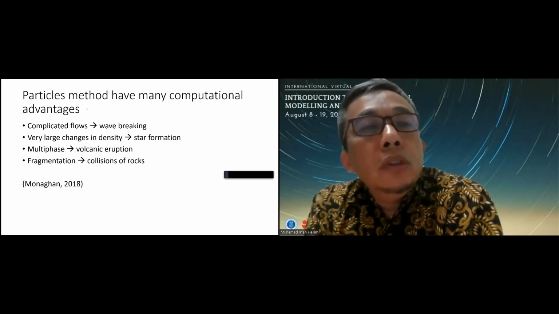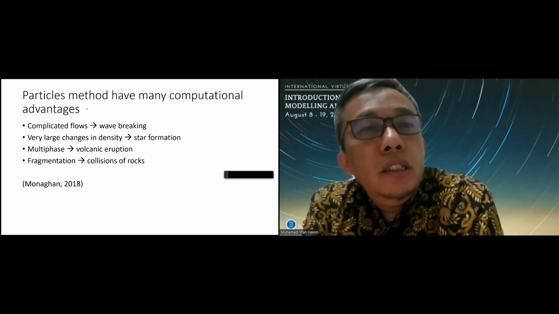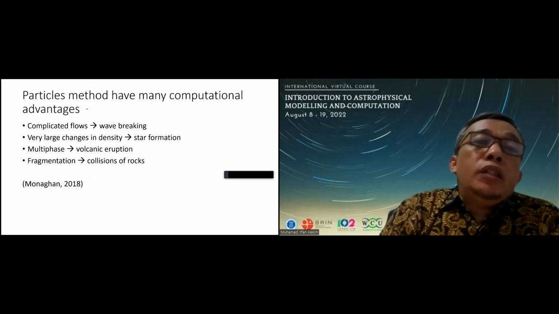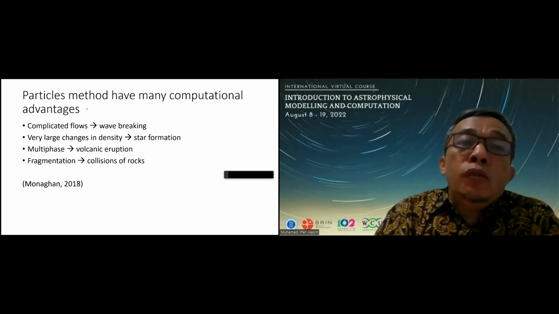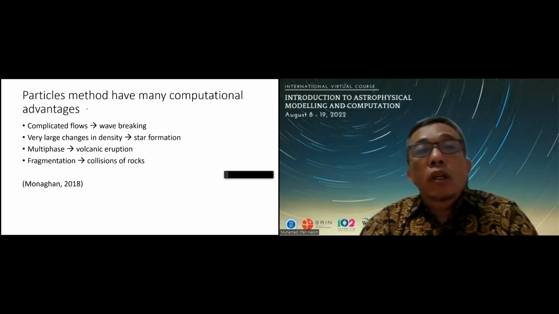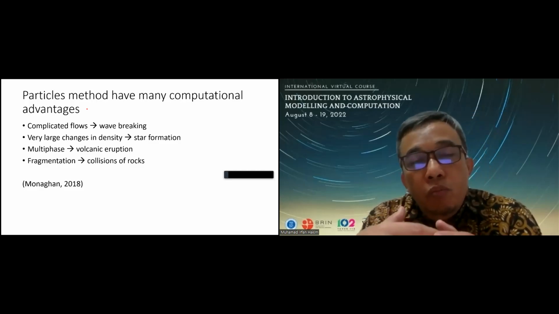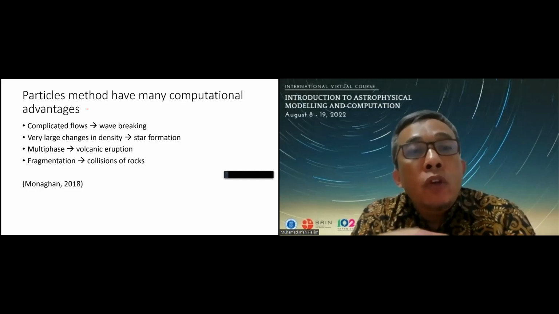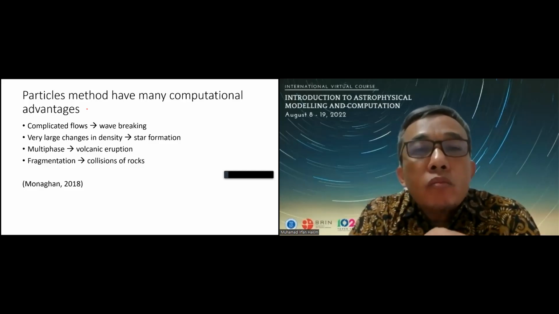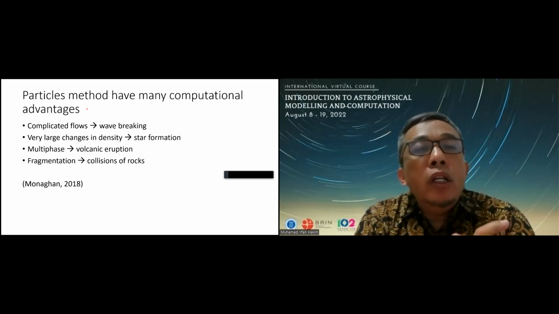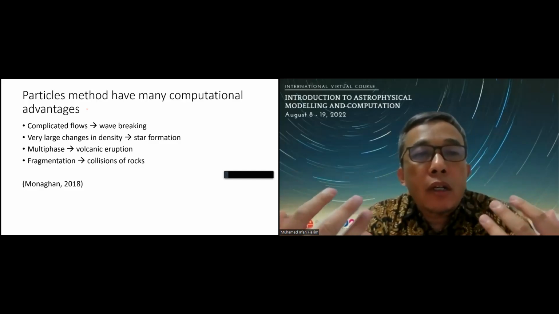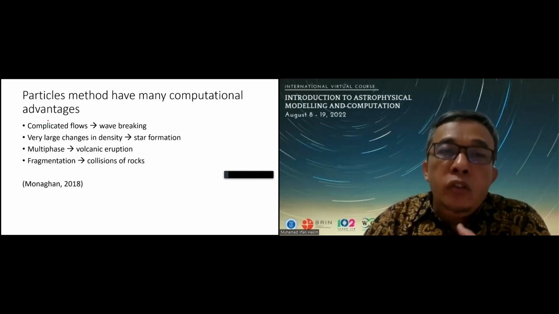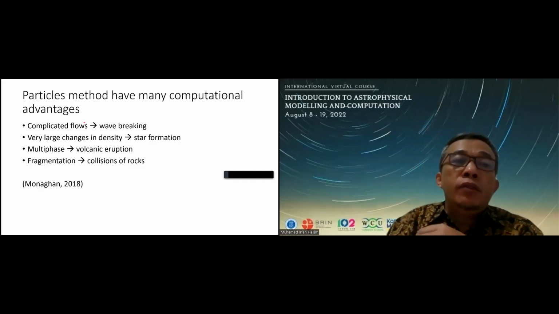Firstly, SPH is best for simulating complicated flows, for example, in a region where wave breaking happens, or in star formation, or where a very large change in density happens, or in multi-phase phenomena in volcanic eruptions, or, for example, also in the solar system, I think, collision of rocks, fragmentation.